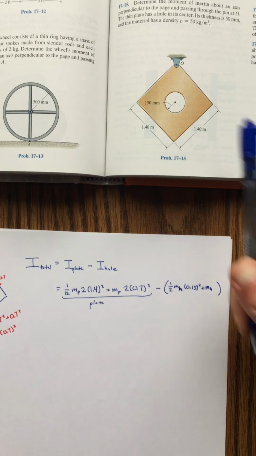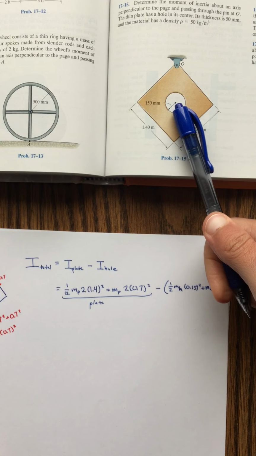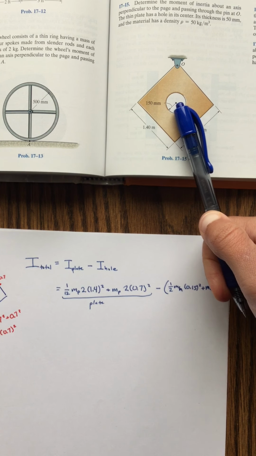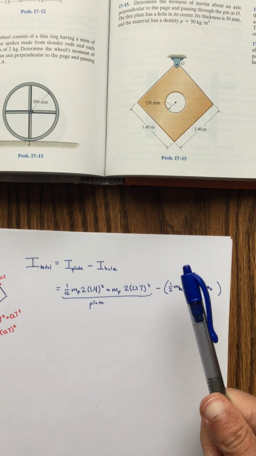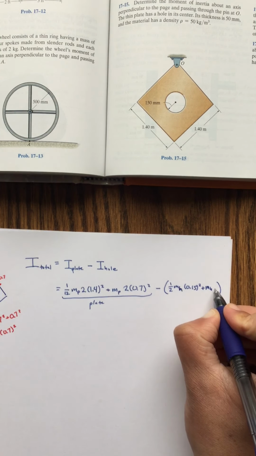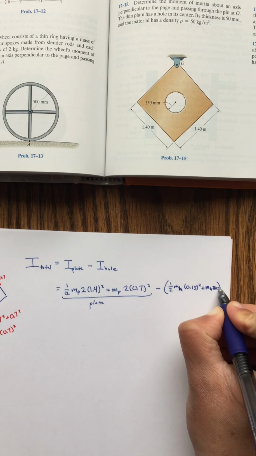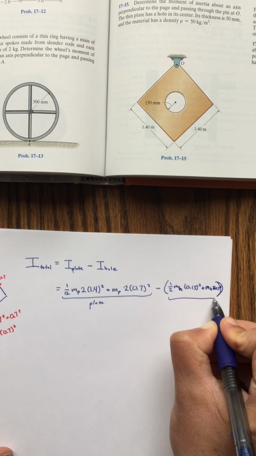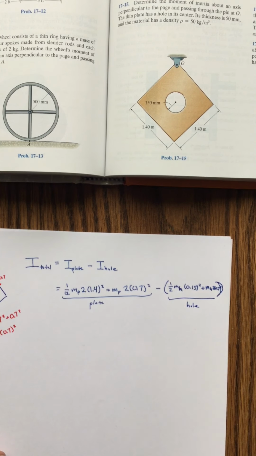And thankfully, the axis that goes through the mass center of the hole is in the same place as the axis that goes through the mass center of the plate. So d is the same for both of them. So that's the same d that I had over here. So that's twice 0.7 squared. And this is for the hole.